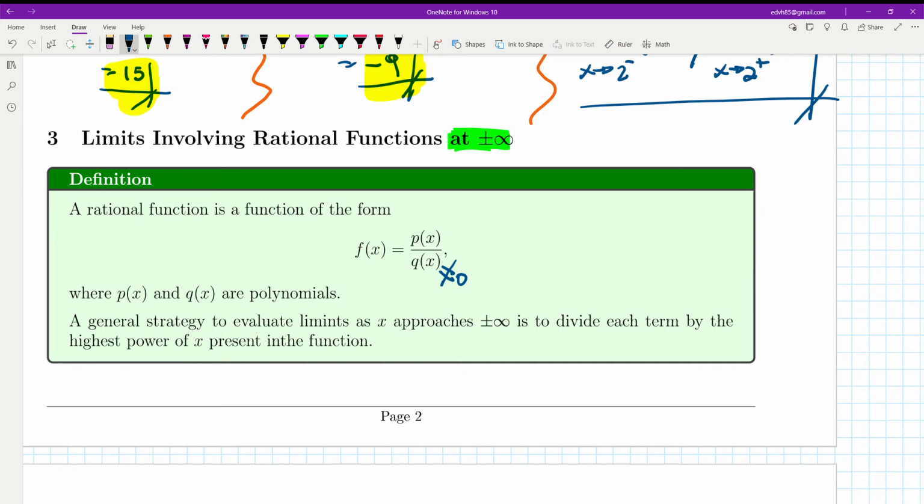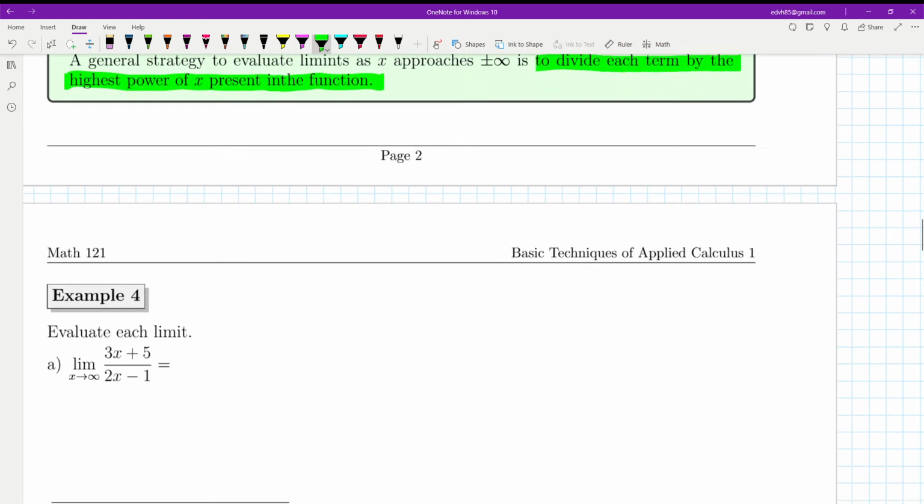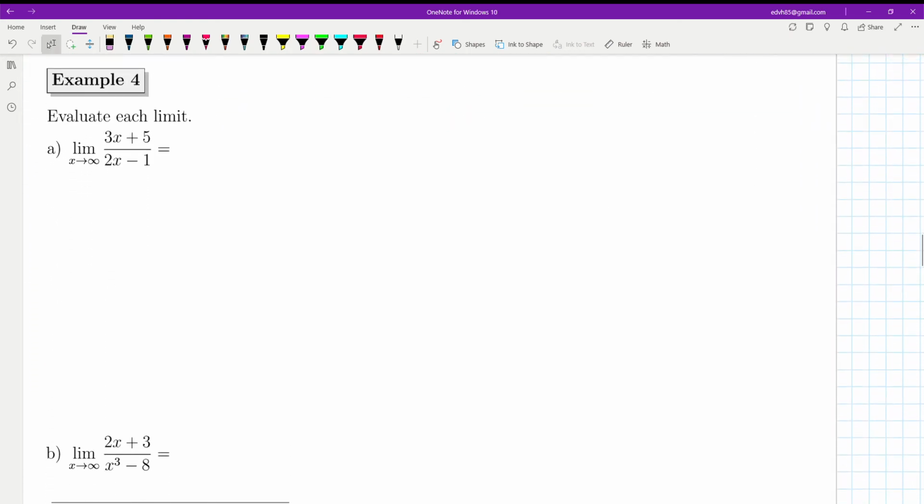Now, the general strategy to compute this limit is to divide each term present in the expression by the highest power of x present in the function. All right, let's look at a couple of examples. So number one, let's identify the highest power for this limit as x approaches infinity of 3x plus 5 over 2x minus 1.